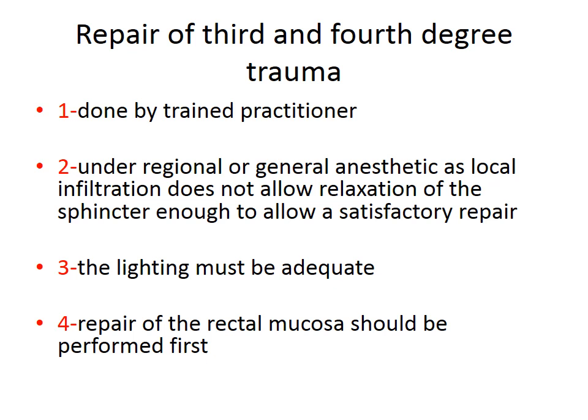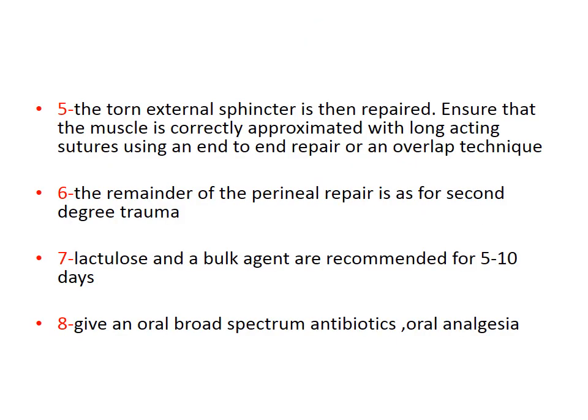And when interrupted stitches are placed, the knot should be placed outside and not inside the lumen. After that, the torn external anal sphincter should be repaired, and this can be done in two ways.